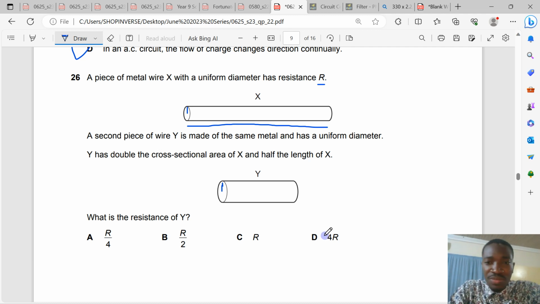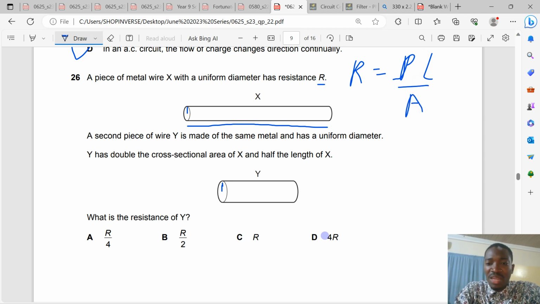Now let's see. What's the formula for resistance? Resistance of a wire is resistivity multiplied by the length divided by area. That simply means the resistance of a wire is directly proportional to the length and inversely proportional to the area.